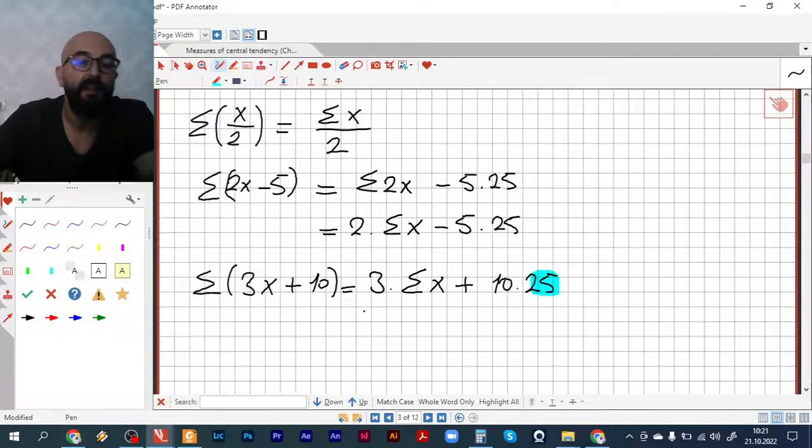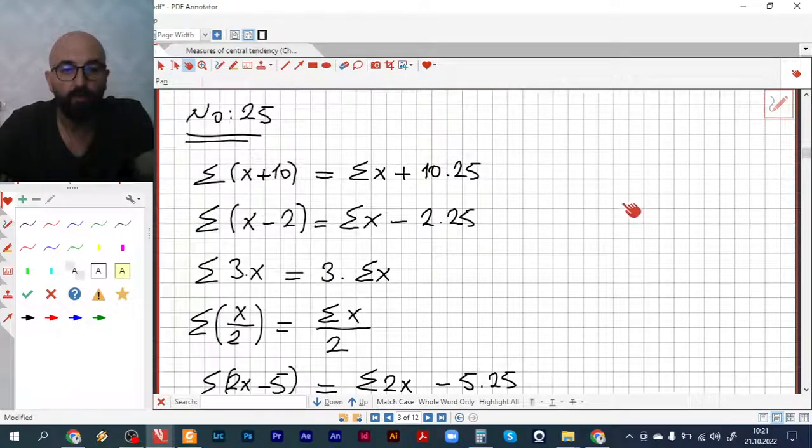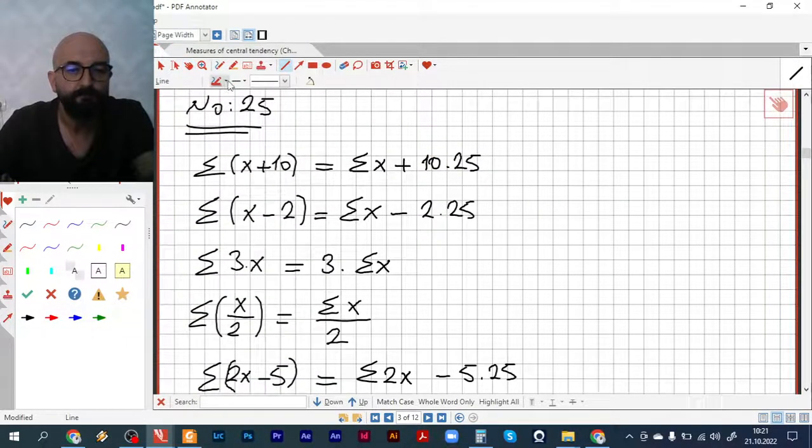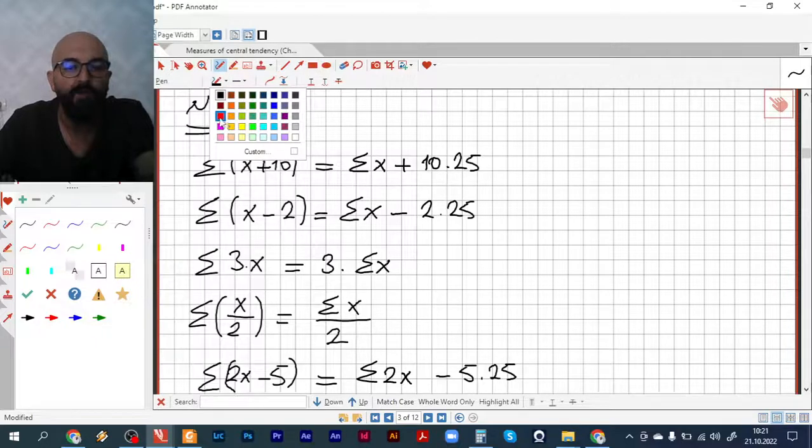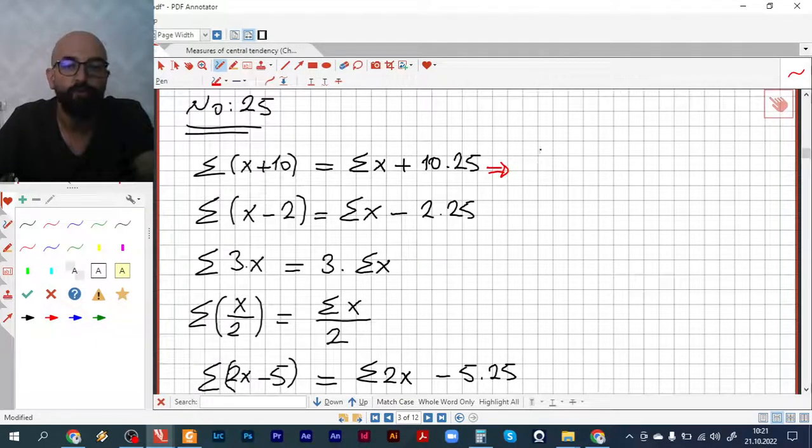And if you want to find the mean, you should use the sum of x plus 10 over frequency, but you find 10 more than the mean, because you used 10 more than x for all data.